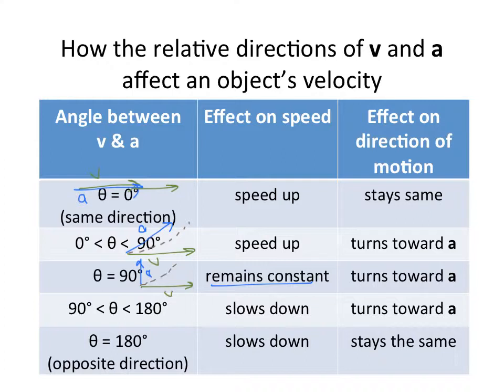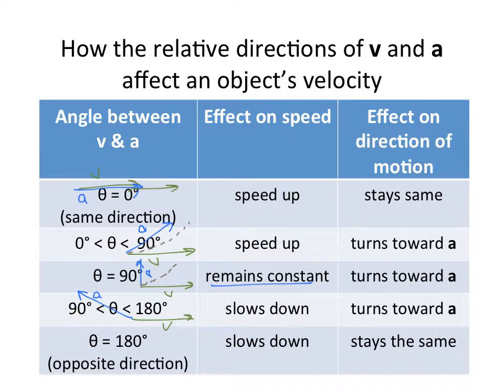All right, what if we have a velocity and we have an acceleration applied to it that's somewhere between, that is, the angle is somewhere between 90 degrees and 180 degrees. Let's say it's like that. Okay, now look at this. Velocity was in this direction right here. Now look, the acceleration is acting against it. It's acting somewhat in the opposite direction.